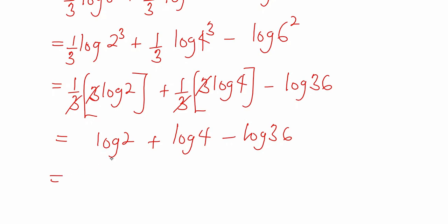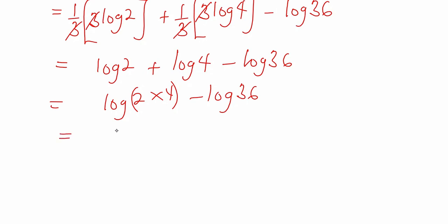Considering the first 2 terms we can multiply them, so you have logarithm of 2 times 4, and then minus logarithm of 36. Now 2 times 4 gives us 8, and then logarithm of 36, we bring that one too.